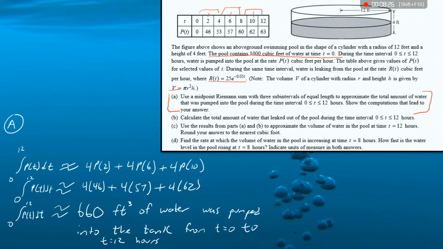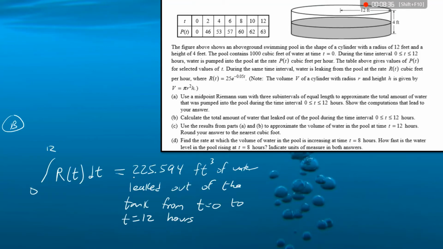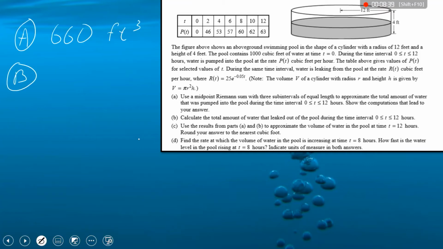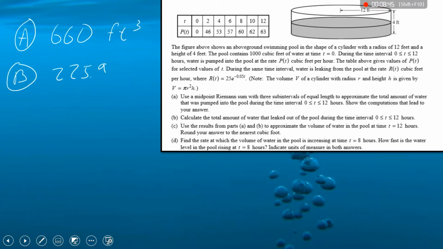At 12 hours, we subtract B from A. Okay, we'll need to do a little bit more than that. 225.594. Oh, plus 1,000. Right. So I'm going to set up my general form first.